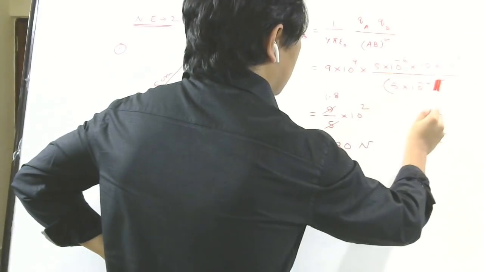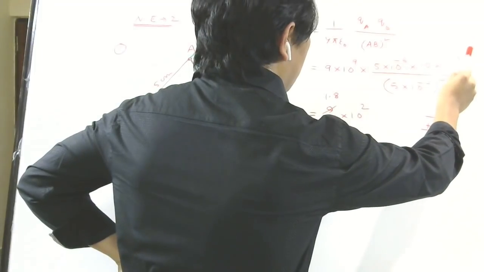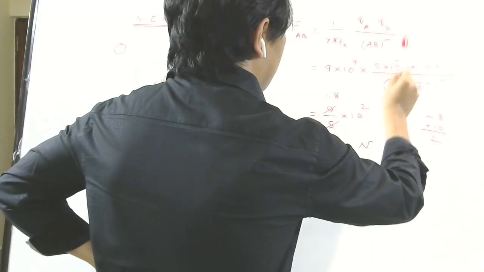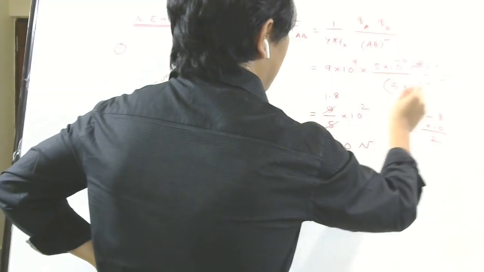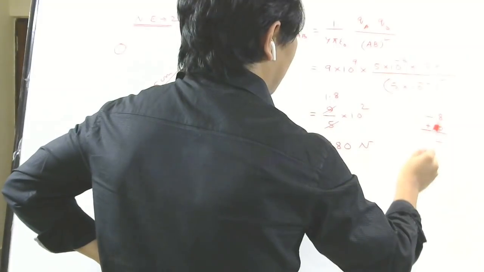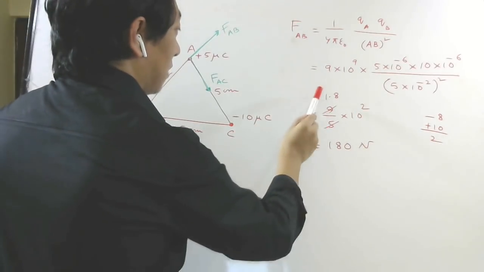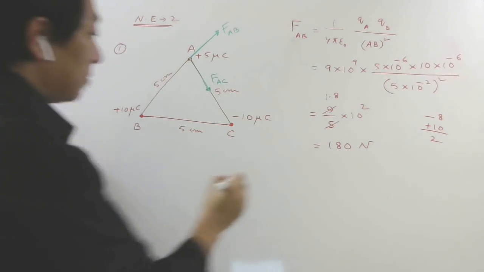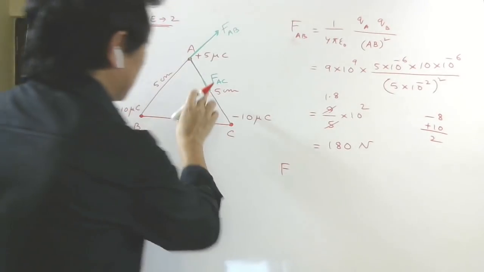Then minus 2 whole square is minus 4, minus 4 will go up plus 4, plus 4 minus 6, minus 2, minus 2 minus 6, minus 8. Then this is 9, this is 10. So 10 minus 8, 2. So 10 power 2. And 9 by 5 is 5 ones are 5, 4 carry, 5 8s are 40. So 180 Newton.